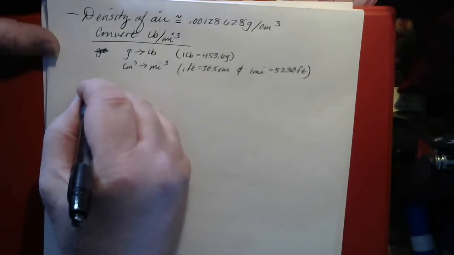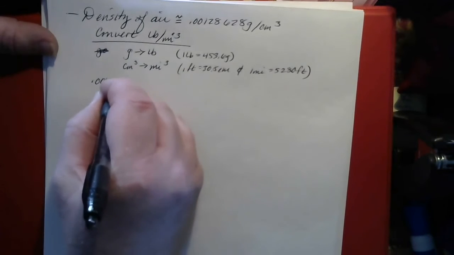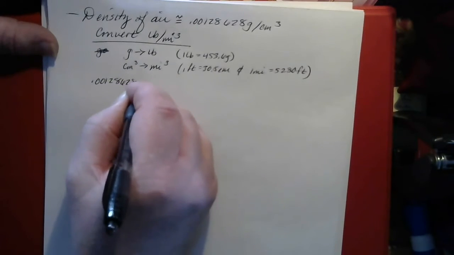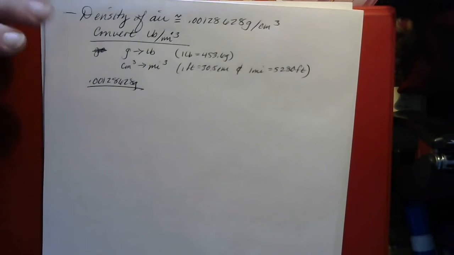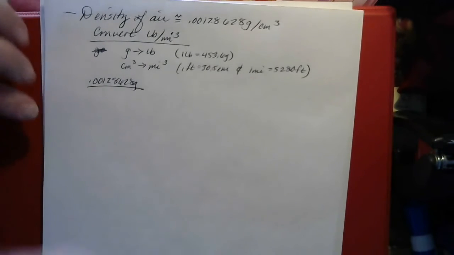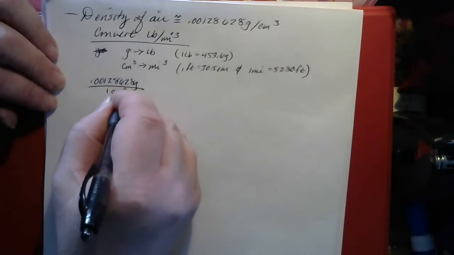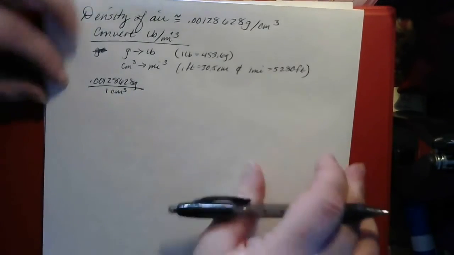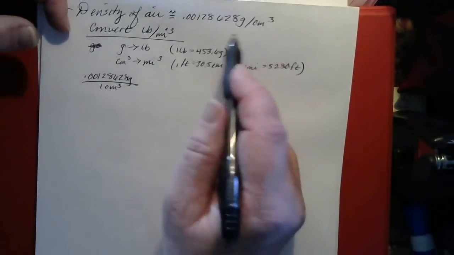All right, so we'll take our 0.0012868 grams. Since we are converting the two units separately, we're going to want to write this as grams over cubic centimeters explicitly, rather than grams per cubic centimeters.